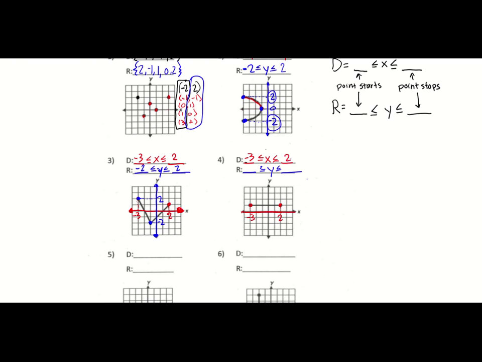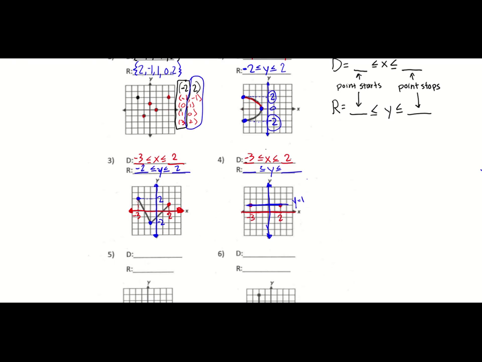And then my range here, I only have one point where y is going to hit. Y is always on this line right here. This line right here is at y equals 1.